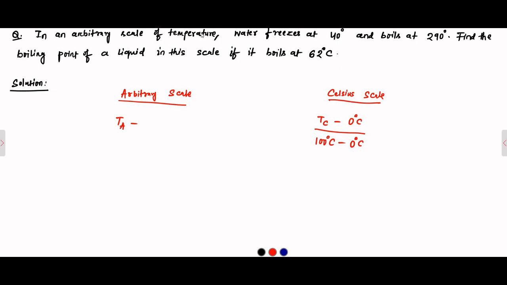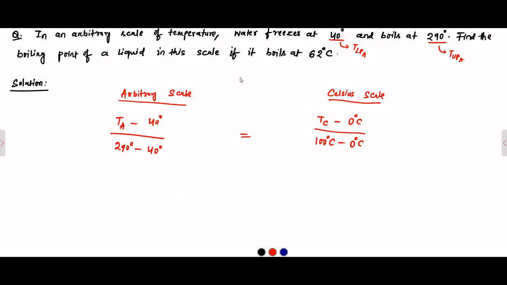Here water freezes in this arbitrary scale at 40 degree, so that is the lower fixed point. The boiling point, 290 degree, is the upper fixed point for the arbitrary scale, by 290 degree minus 40 degree. This is the same as this.